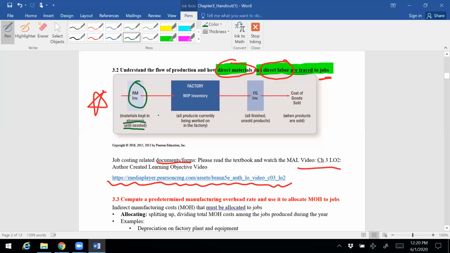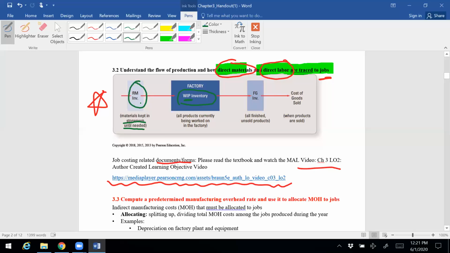And then we start building our house. I still use the house as an example. We start building our house, and we cannot finish it overnight, right? It has to be done step by step. First we build a wall. The second time we build the first room. The third time we build the next room. So what will that be called? That's our work in process, which is currently being worked on in the factory.